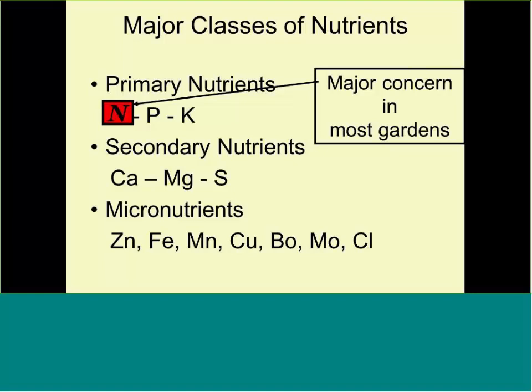If you keep in mind that 1% is 10,000 parts per million, you'll see why NPK are called primary nutrients. If the plant needs 5 to 15% of NPK, the plant requires about 3 to 5 parts per million of the secondary nutrient.